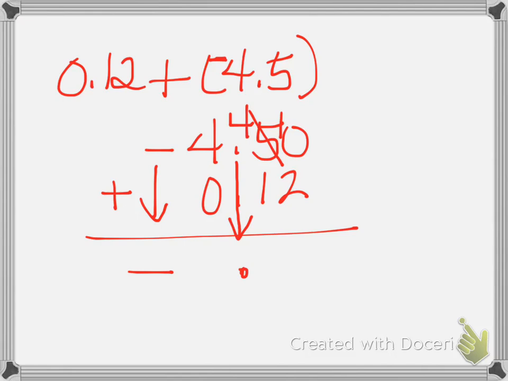That makes that 4. So 10 minus 2 is 8. 4 minus 1 is 3. We already brought our decimal point down. And then 4 minus 0 is 4. So the answer to that question is negative 4.38. That's a little tricky because it is a negative.